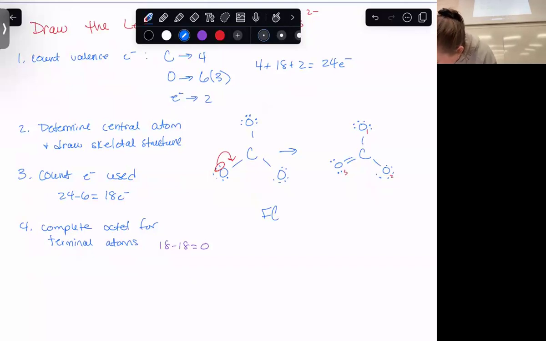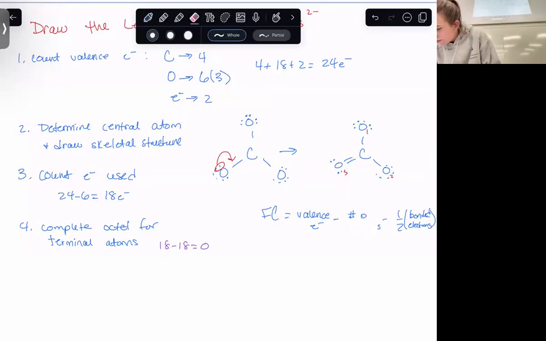Formal charge in general is just your valence electrons minus the number of lone pair, or unbonded, electrons, minus 1/2 the bonded electrons. This can also be valence electrons minus the dots minus the lines, which is a great way to remember that as well.